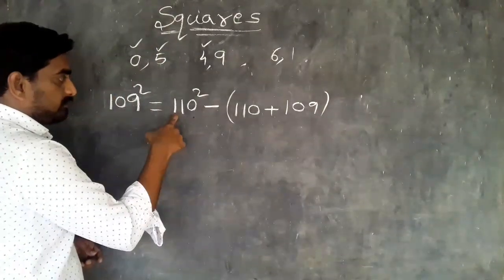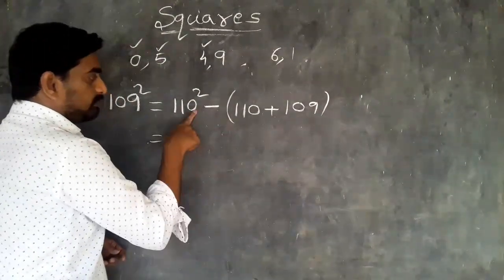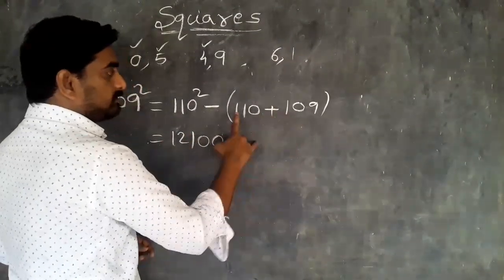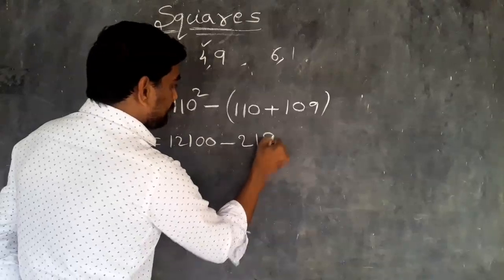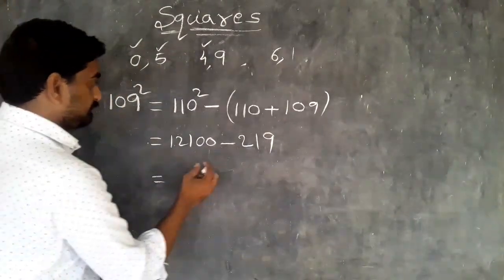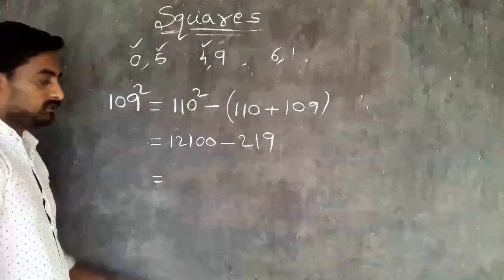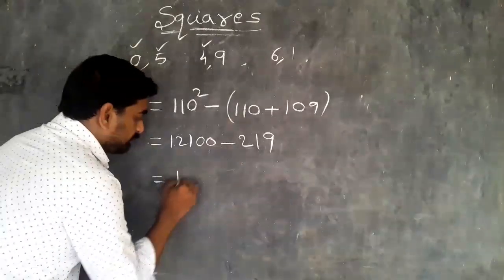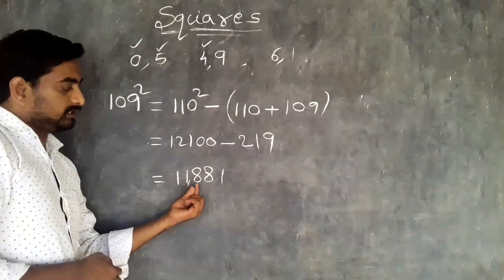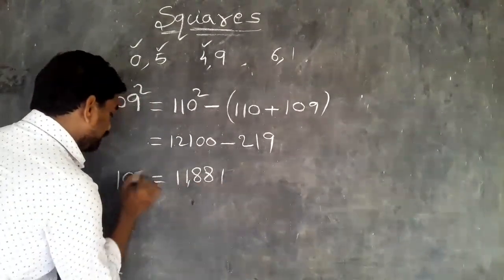We write 110 square, 11 square 121, then 2 zeros, and we write minus 219. So we subtract both of them. We got 11,881, which is 109 square.